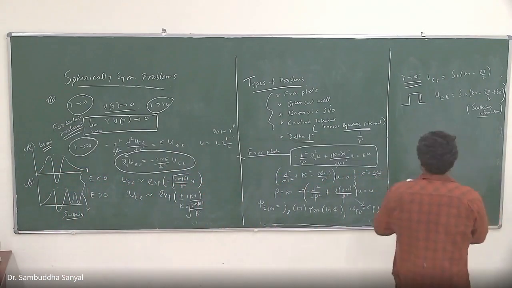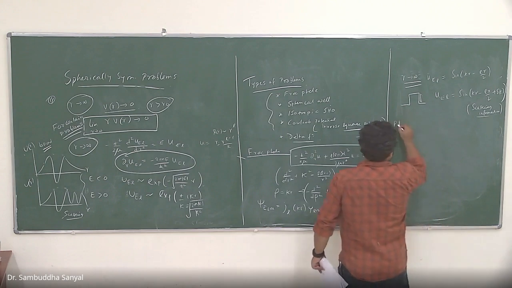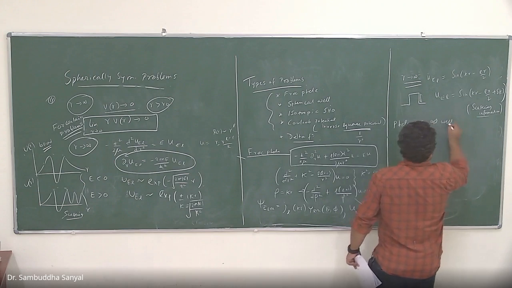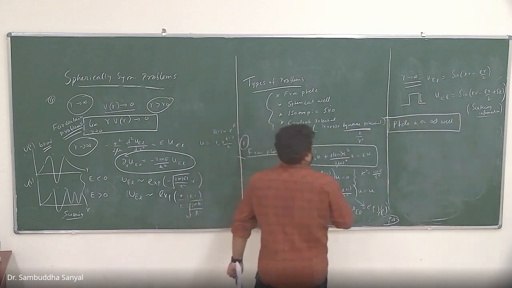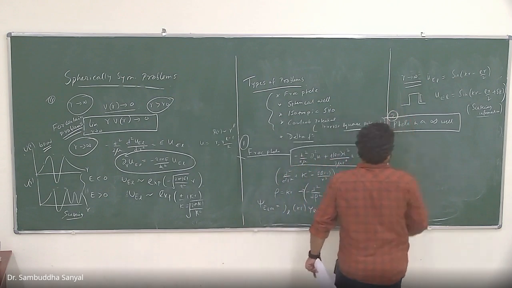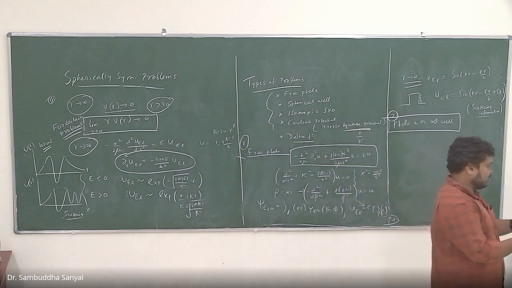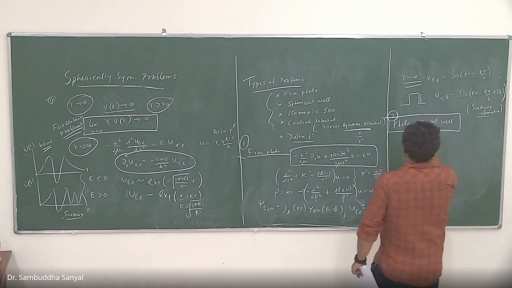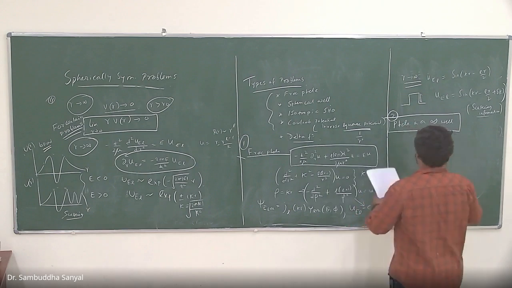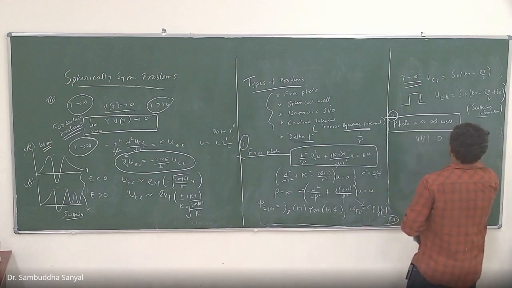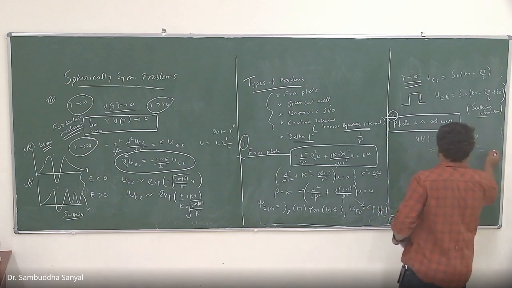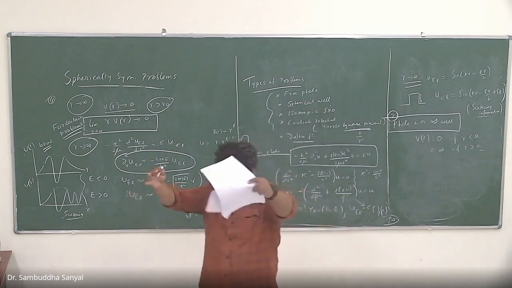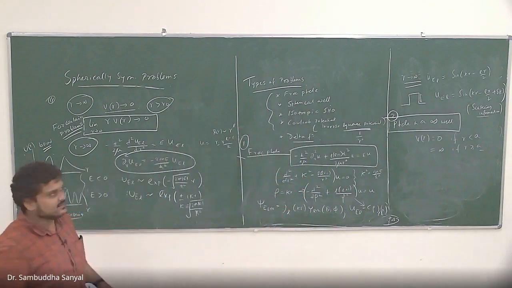Okay, so let's talk about the next problem, which is a particle in an infinite well. This is the first problem. So infinite well means what? That V(r) is such that there is some spherical region in space where the potential is 0, outside it is infinity.